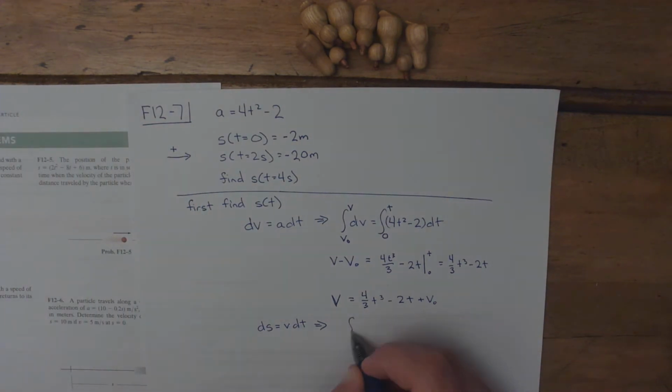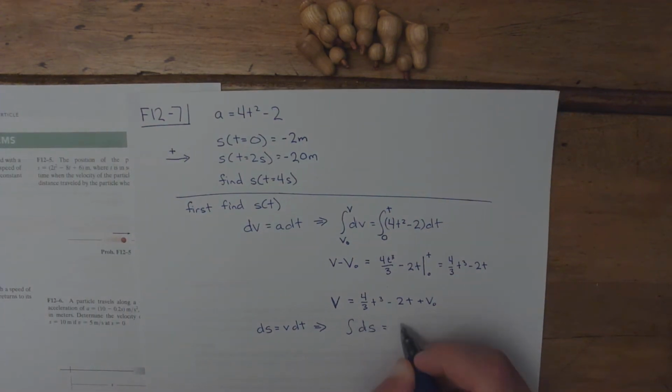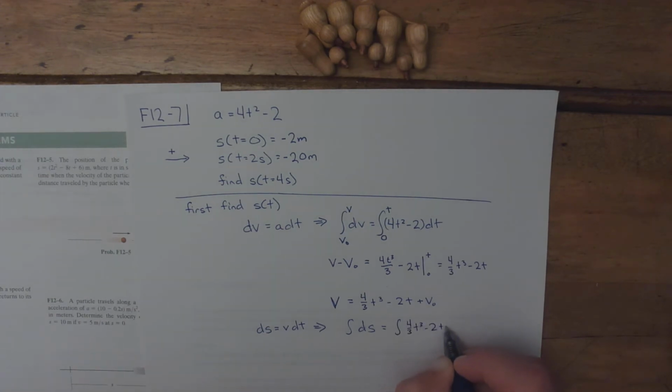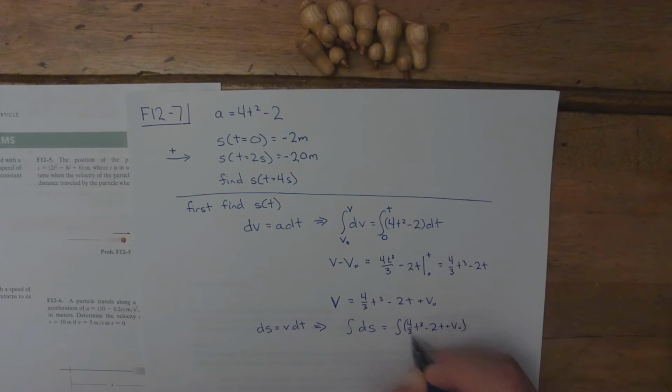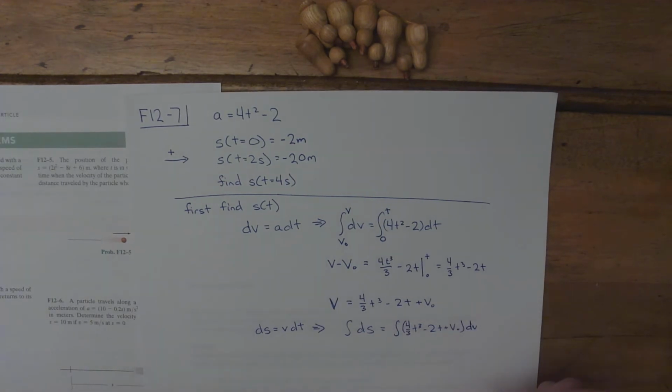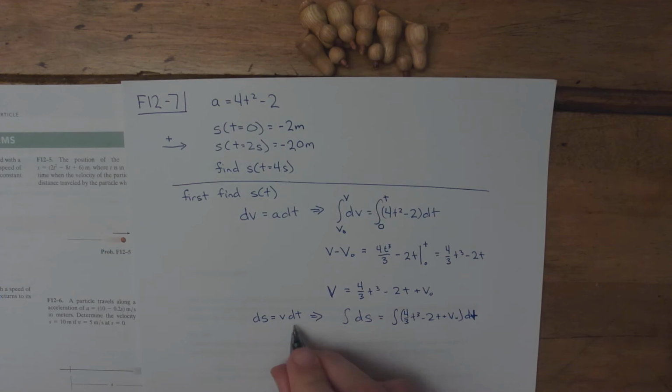So I have this. Again, I'm going to have to choose limits of integration here. Whoops, this is supposed to be a dt, just like it was there.